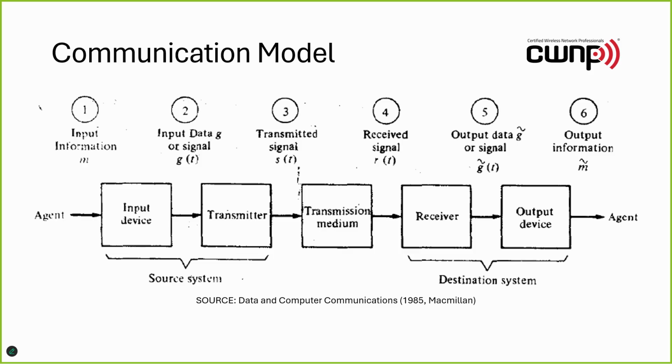Now, the reality is that what was received may or may not be what was sent. That's the reality of any communications channel. It's true even when it comes to verbal communications when we're talking to somebody, right? If you're having a conversation, they may not receive everything that you send.